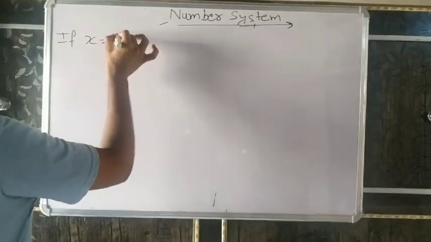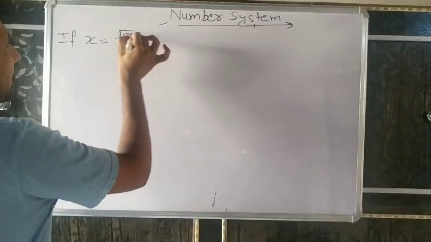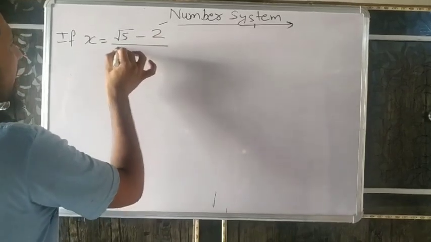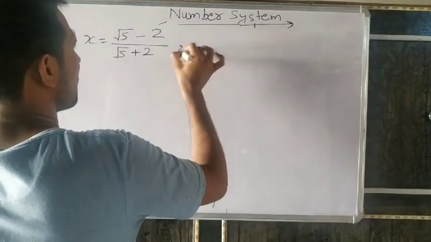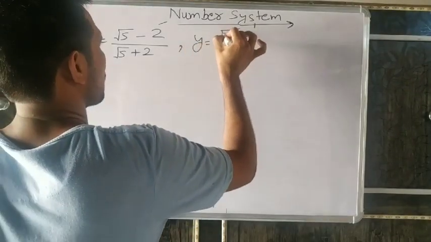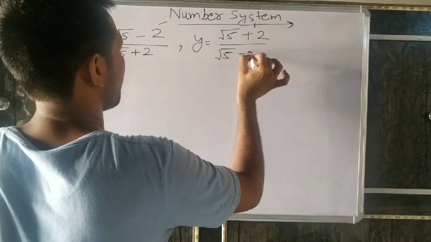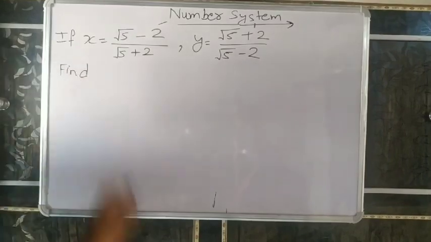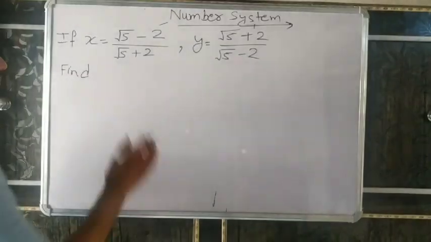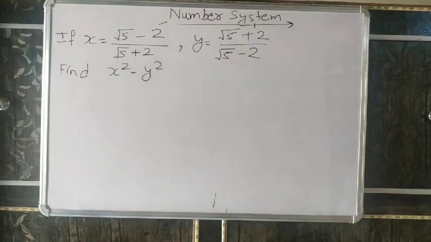If x equals root 5 minus 2 divided by root 5 plus 2, and y equals root 5 plus 2 divided by root 5 minus 2, it is given, and find the value of x square minus y square.